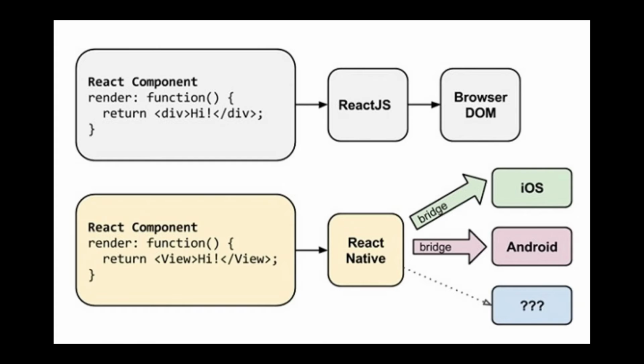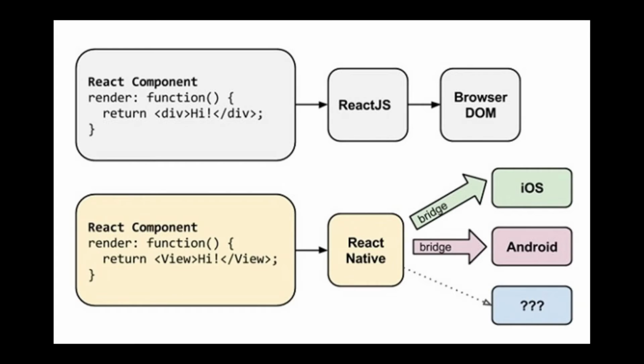And in React Native, you have this view element that basically indicates I want to use a native view to wrap this. Actually, this code is invalid because you cannot have the text hi by itself. You have to wrap it with Text. But let's not get into detail.